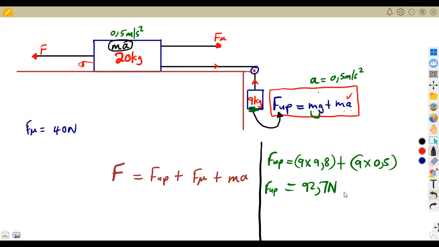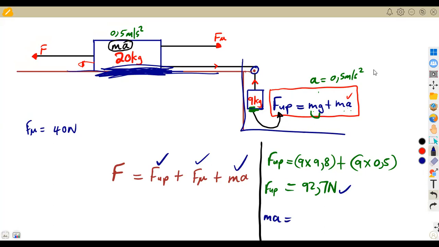And we said we also need, we have got F up, the frictional force is there. This one we are not calculating, we are already given. So we also need MA. Our MA is from this object that is on the horizontal ground. This one is on the horizontal, but this one is vertical.